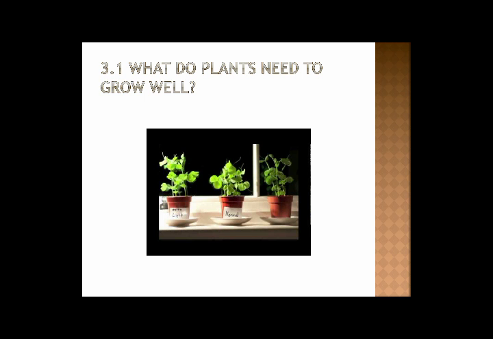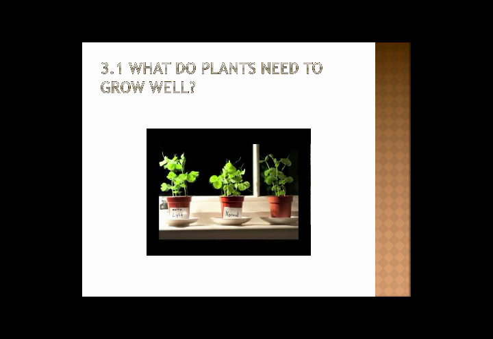One pot kept in a very bright light, while one pot is present under a normal light, and the third pot is present in the dark area. Same goes with your book, that in your book, we have one plant present under the darkness and one plant present under the sunlight.